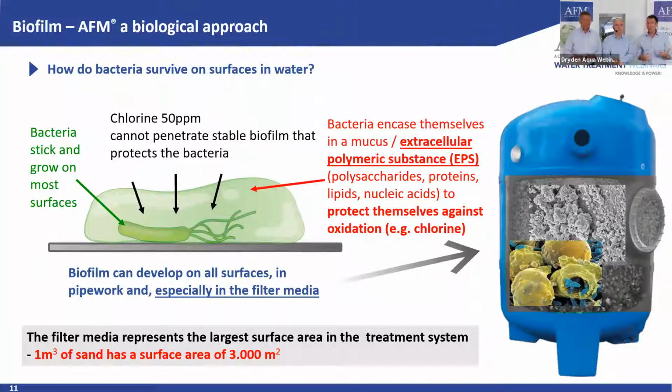In addition, like Dominic said, sand is a natural breeding ground for bacteria, so this even amplifies the problem. In aquaculture, often we use fluidized sand beds as biofilter. And very often you dose chlorine before the sand to keep it free of biofilm. That will not work. Chlorine cannot penetrate the biofilm.